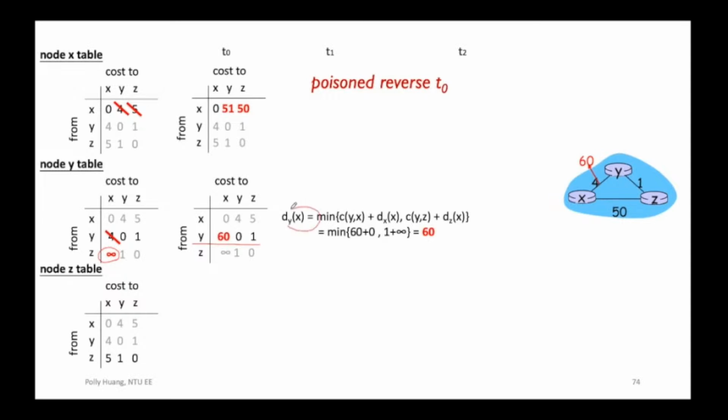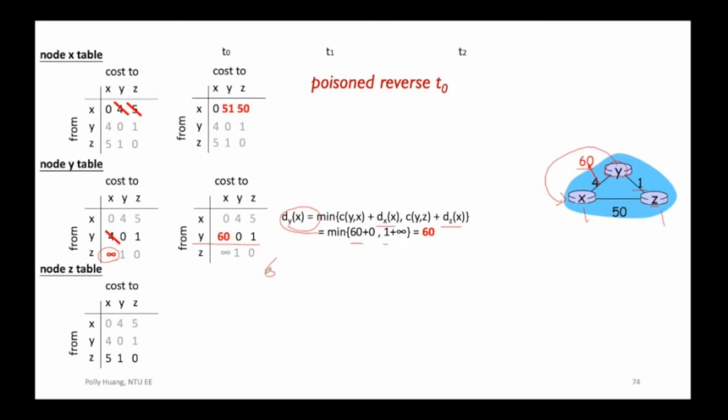So DYX particularly is the entry with a different value. It was previously 6, but now let's see how it's going to look. From Y to X, there are two possible neighbors, X and Z. Link cost to the first neighbor and link cost to the second neighbor are 60 and 1. And then from the first neighbor X to destination X, DXX, and from the second neighbor Z to the destination X, DZX.